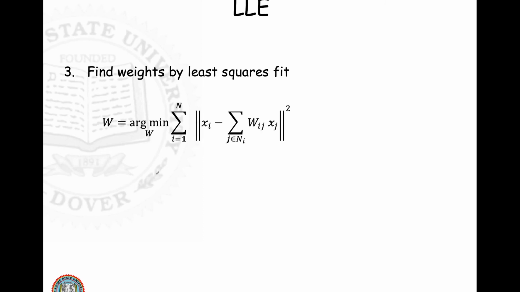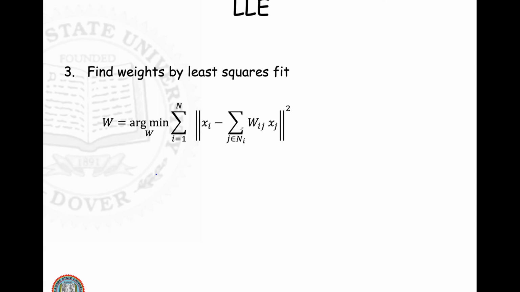So we're going to find these weights using least squares fit, and we can actually do this quite easily. It's a quadratic optimization problem, and we can actually solve this through matrix algebra using Lagrangian optimization. And so our best W is going to be the set of weight entries across each one of our data points, xi, that minimizes the norm squared of the residual difference.